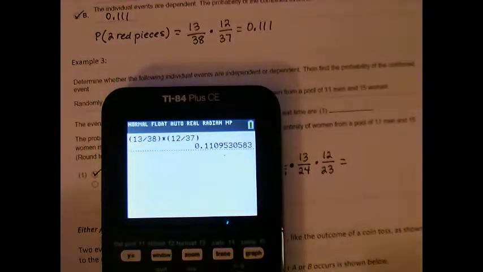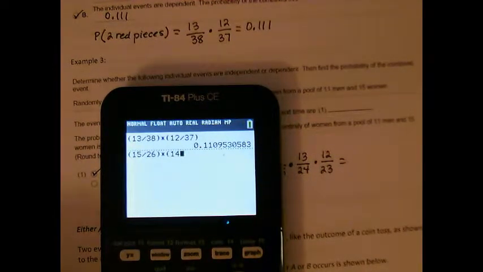Okay. So now I'm going to do left parentheses 15 divided by 26, close parentheses. Notice I'm putting the fractions in parentheses here. And then times parentheses 14 divided by 25, parentheses times left parentheses 13 divided by 24, right parentheses times, and then left parentheses again, 12 divided by 23.